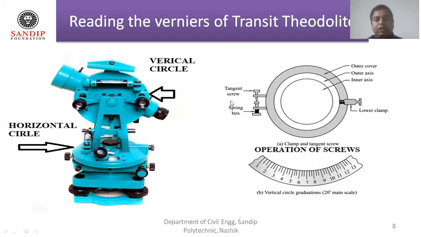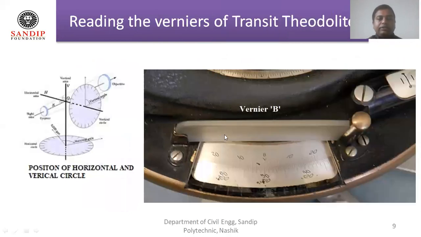Now let's go for a reading. See, this is one of the pictorial views of the scale. Here B letter is written. That means this is vernier B, and by using this vernier we can measure horizontal angle. Now if you are able to see, this vernier shows reading from 0 minute to 20 minute, and this outer or lower plate or outer circle shows a main scale reading which ranges from 0 degree to 360 degree.